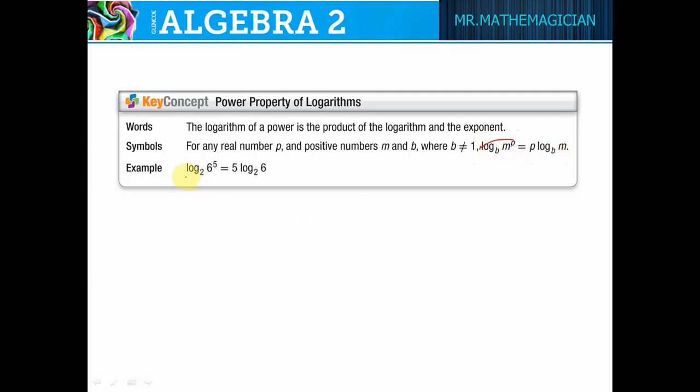Example, log 6 power 5 base 2 will be 5 log 6 base 2, meaning this 5, take it in front of log with multiplication. It's called the power property.